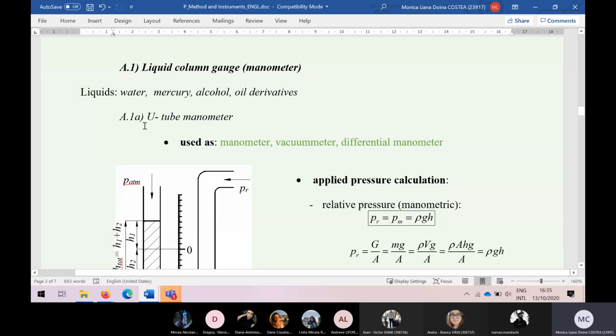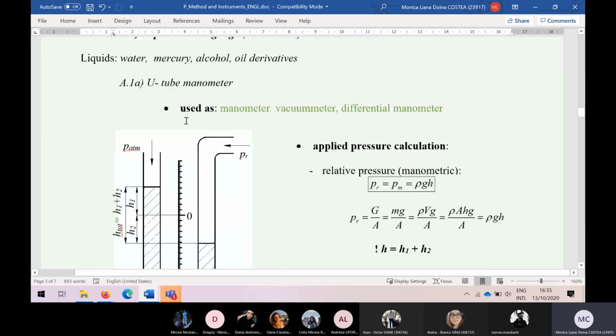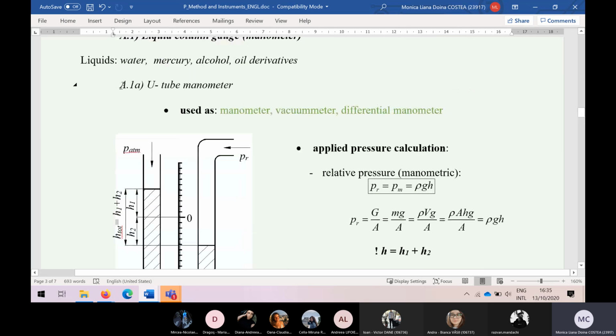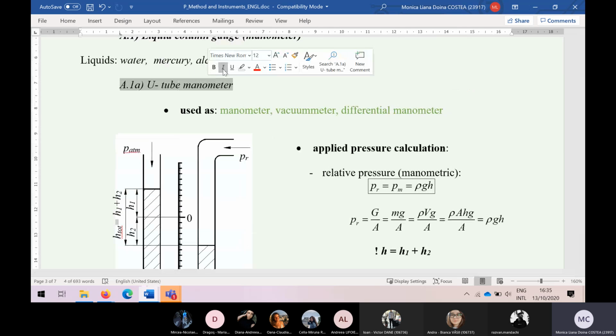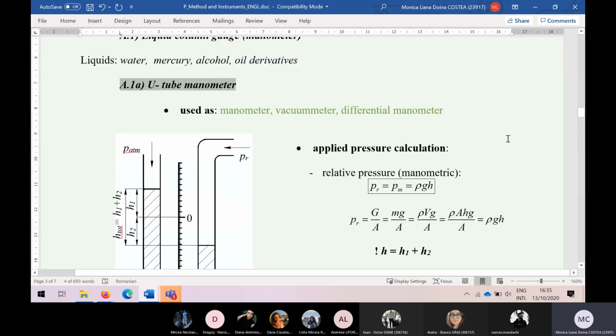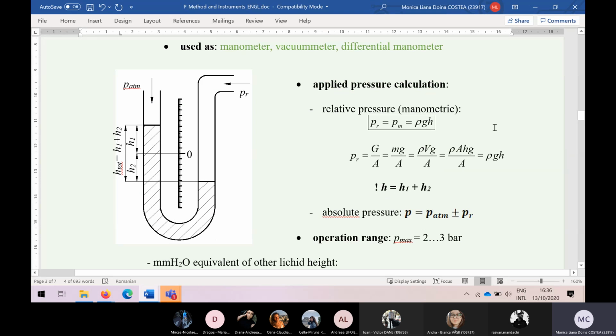And from this we will pay attention firstly to the U-tube manometer, because it is widely spread and it has a lot of application, we will see. First of all, let us mention that it can be used as manometer, vacuumeter, and what we will present at the end of these hydrostatic instruments, differential manometer. Let us have a look at this representation.